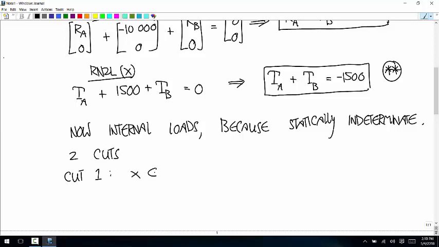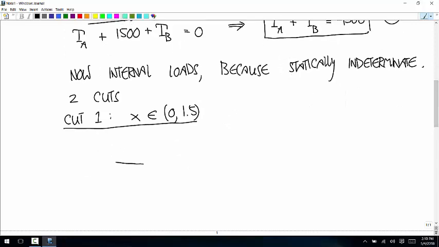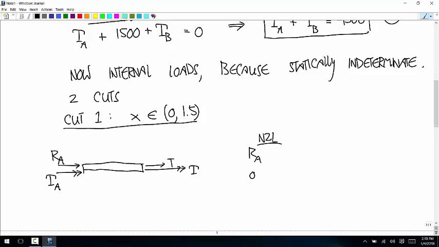Cut 1 is for x values between 0 and 1.5. On this cut, we have RA and torque A. We haven't gotten to the 2 external loads yet, so now we just have the internal tension T and the internal torque, fancy T. Newton's second law says RA plus T is equal to zero.